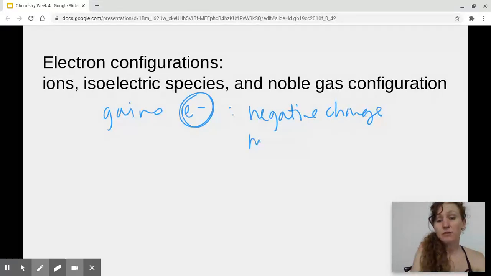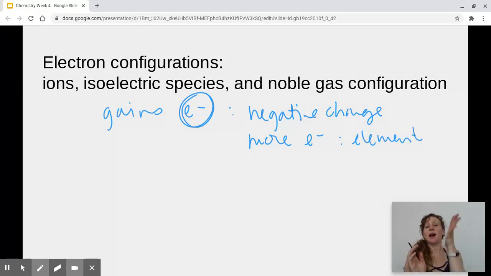It's also going to have more electrons when you compare it to the element. If you compare the ion of something with its neutral element, the ion will have more electrons. And the number of electrons it has gained is going to be indicated in the top right of the symbol. So F minus would be the fluorine atom that has gained 1 electron.